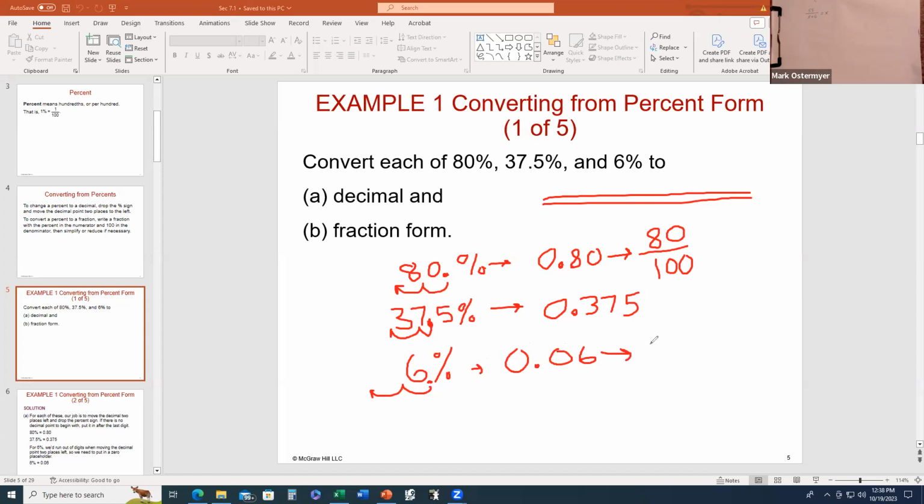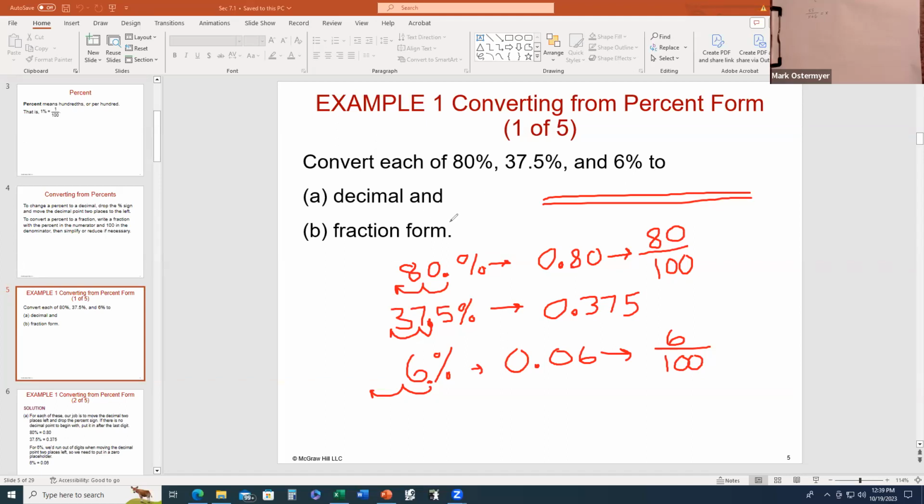Makes sense because we interpret this as 6 per 100, better known as 6%. Any questions how we're converting a percent to a decimal? 2 places to the left, decimal point, drop the percent symbol. All righty.